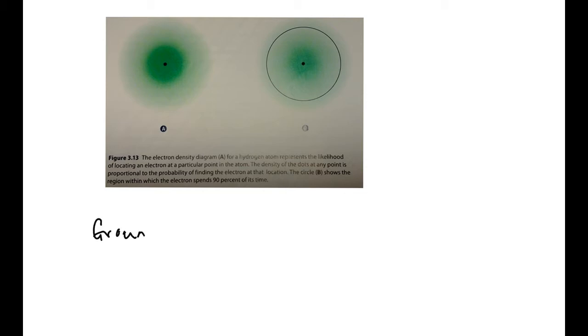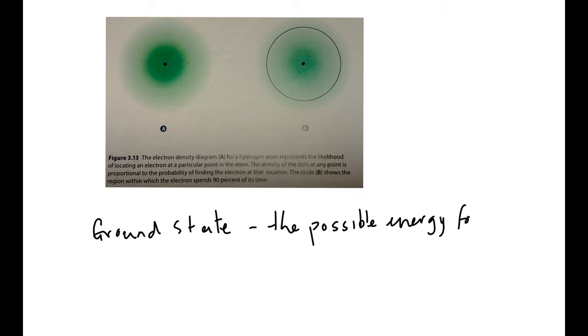So the ground state for any electron is the lowest possible energy for that electron.